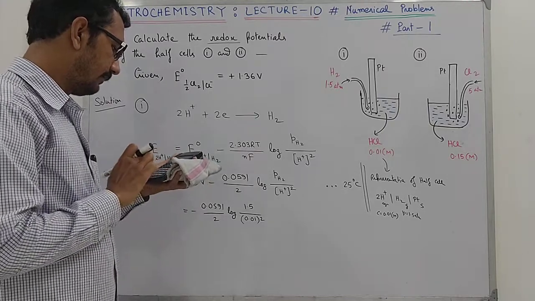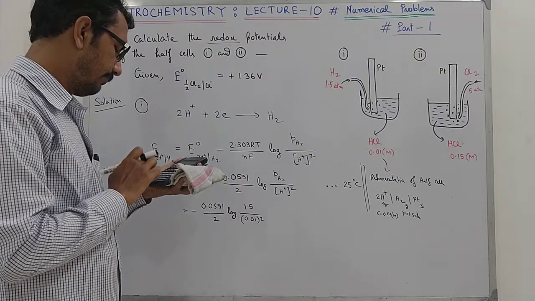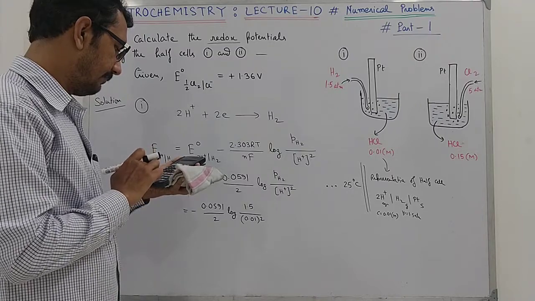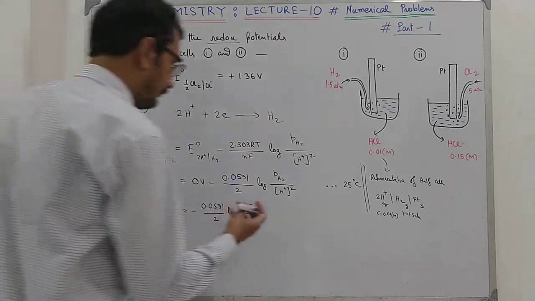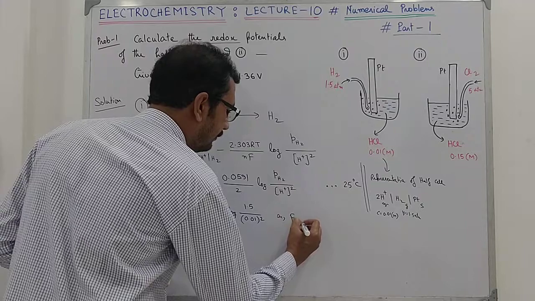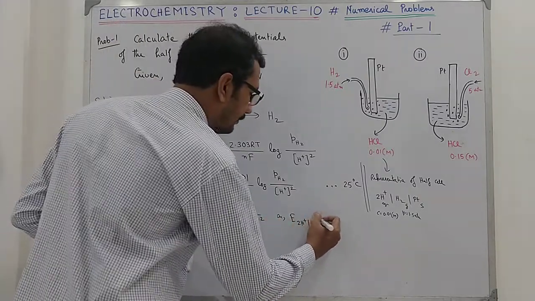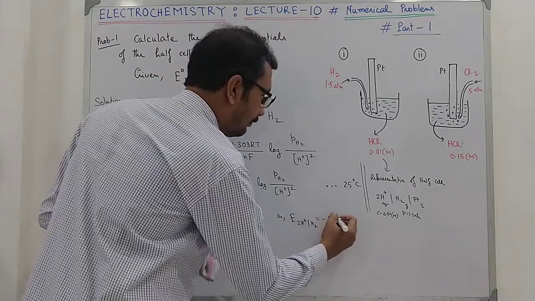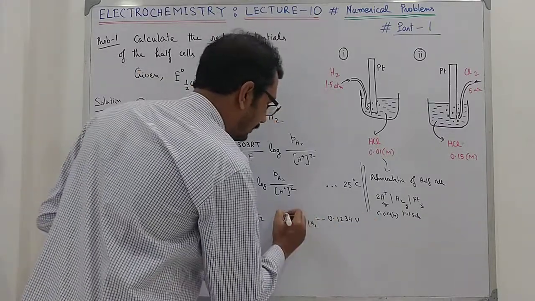So log of the answer, and then multiplied by 0.0591 divided by 2. So E of 2H plus to H2 equals minus 0.1234 volt.